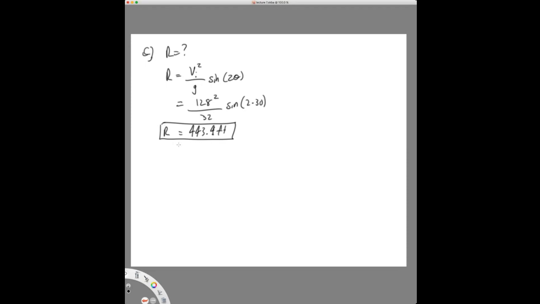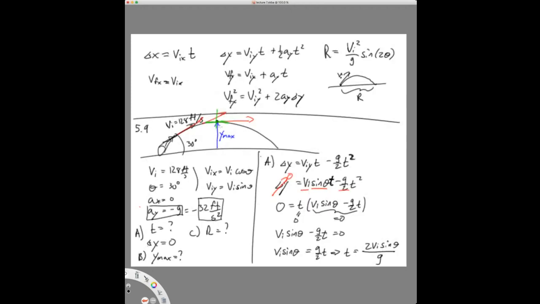So I'm allowed to use the range equation because the picture looks like our original soccer ball on a level field picture. The object starts on the ground and ends on the ground. Mathematically, if I see delta y equals 0, that means I can use the range equation.